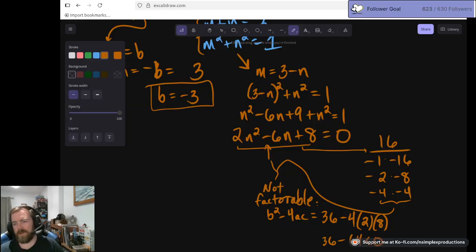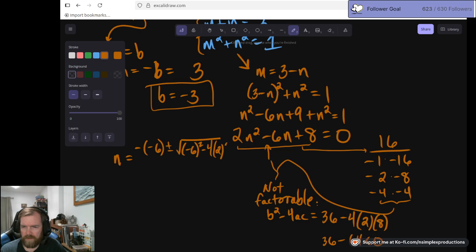So this is going to end up getting us something that we really should use the quadratic formula for in this case. So n is going to be equal to negative b, negative negative 6, plus or minus the square root of negative 6 squared minus 4 times 2 times 8, which again we already know what this is.